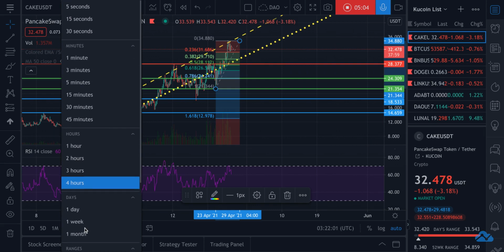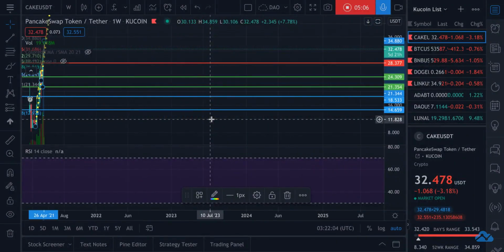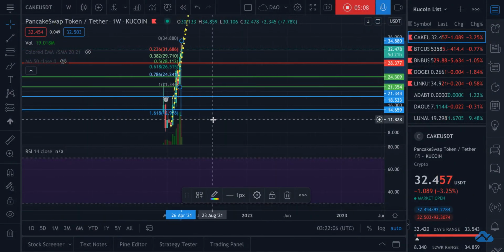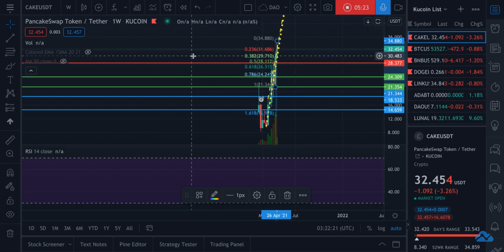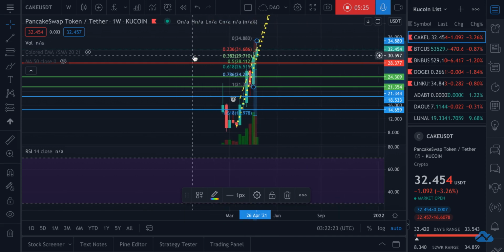Let me see if I can zoom out enough to see that. If it just kept going up this guideline, we'd be at about 40 in mid to late May. I think that's a very realistic expectation.